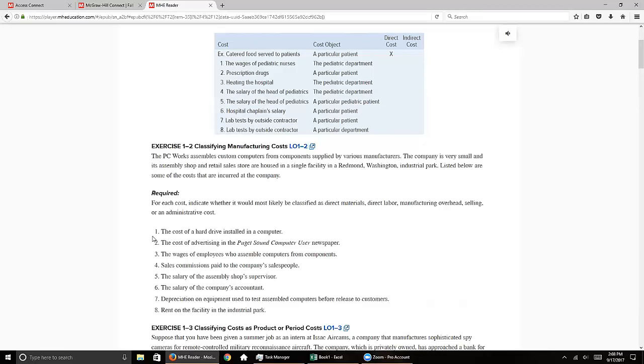So the first one says the cost of a hard drive installed in a computer. Right off the bat, we know that particular cost is associated with something that goes directly into our finished product. We're in the business of making computers. So anything that's physically becoming part of the product and is easy to trace to that individual product, we're going to consider some kind of direct cost, and some kind of manufacturing or product cost.